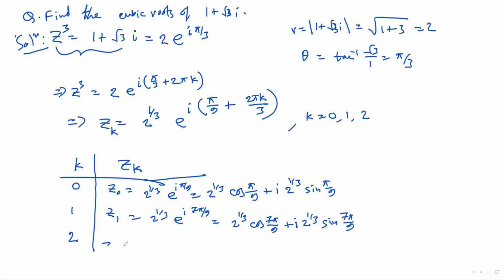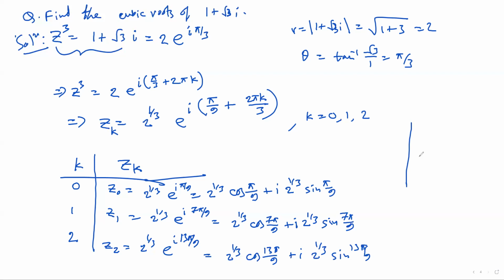The final root should be z2 equal to 2 to the power 1/3 e to the power I. I have to add another 2 pi by 3 here, so that 6 pi by 9, 6 and 7, 13 pi by 9, which is 2 to the power 1/3 cos 13 pi by 9 plus I times 2 to the power 1/3 sine 13 pi by 9.